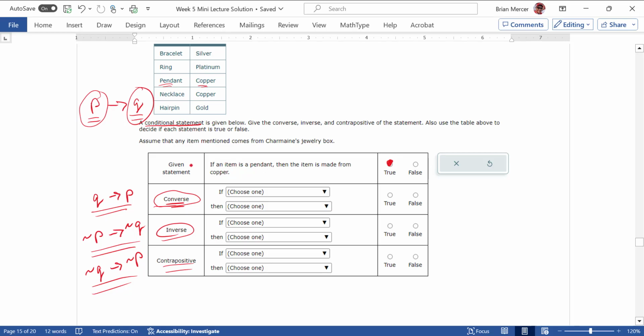Well, the converse, as we said, is just reversing the order. So that means if it is made of copper, because that's the Q, then it is a pendant.